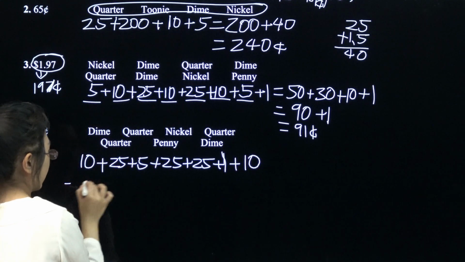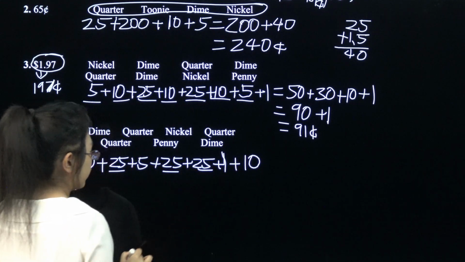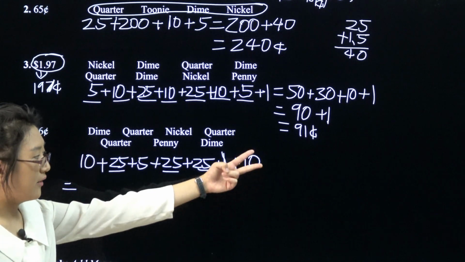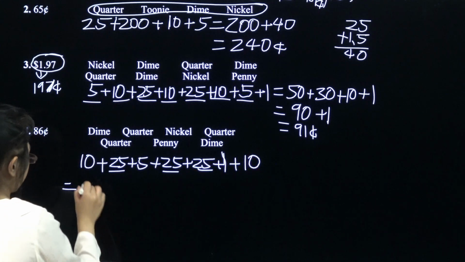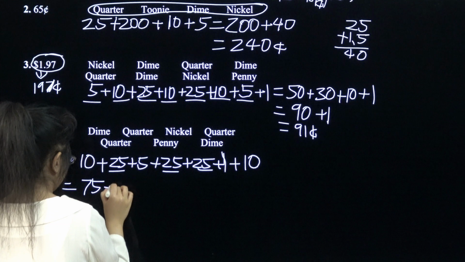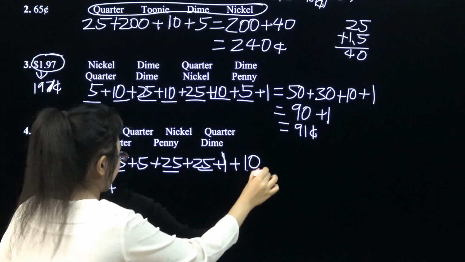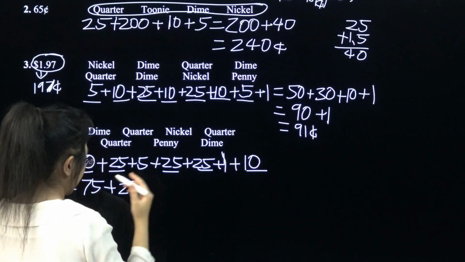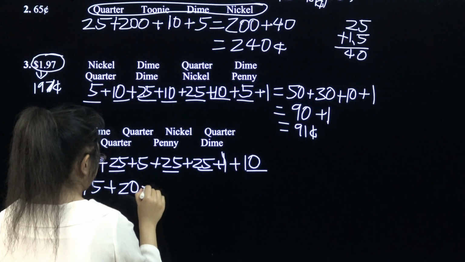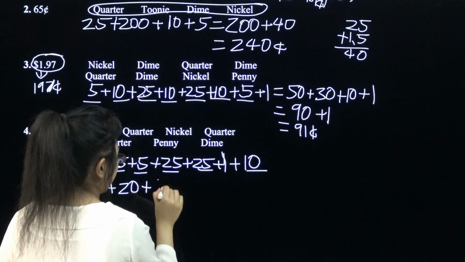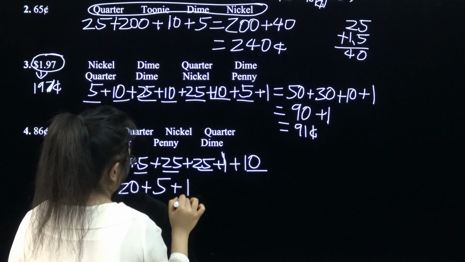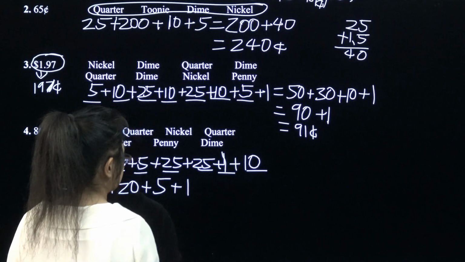Okay. There's 3 25s, and that's 25, 50, 75. There's 2 10s, that's 20 because 10, 20. There's 1 5 and 1 penny, so 1 1.